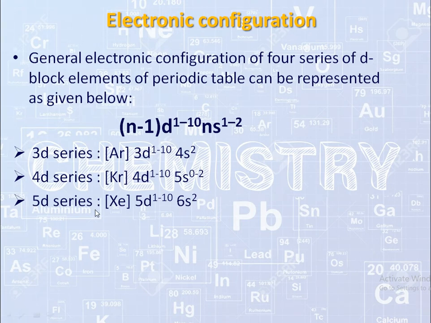We can write 5d 1 to 10 and 6s2, as the 5d series is present in the 6th period. So, n is equal to 6 and n minus 1 is 5. Last, the 6d series, radon is the preceding noble gas. So we can write the electronic configuration as 6d 1 to 10, 7s2.